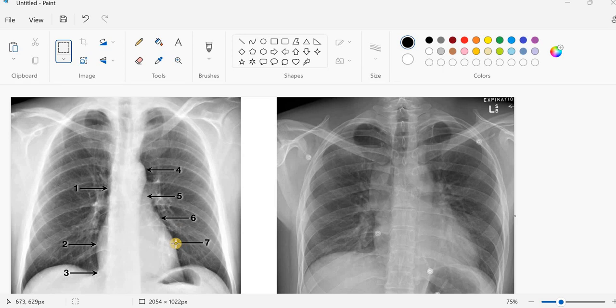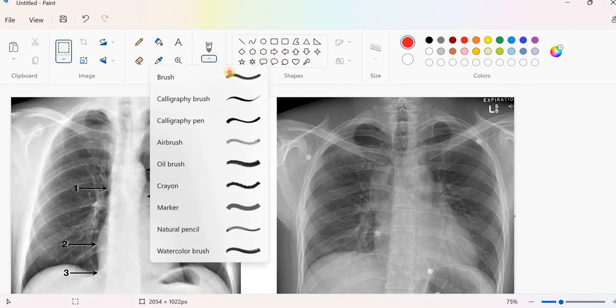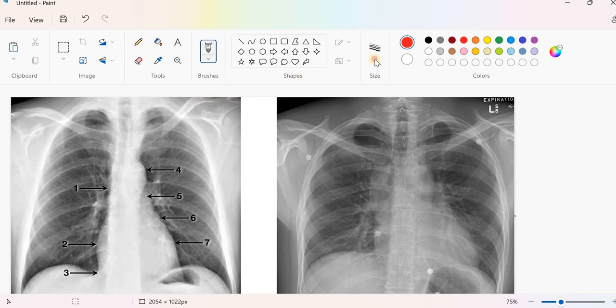So now when we are looking at the heart, let us start with the very right side border, which is making a little convex bulge, this part, which is denoting the right border of the heart. Radiologically, it is equivalent to the right atrium.